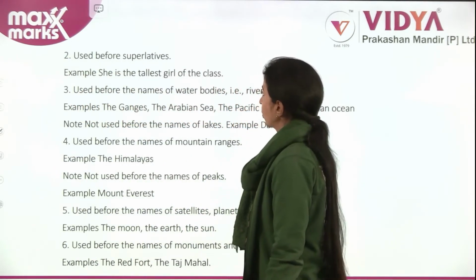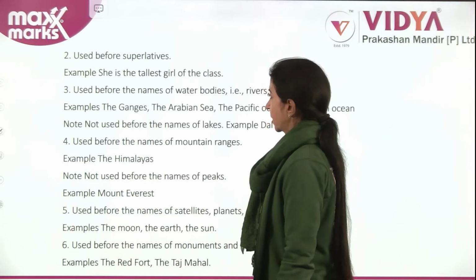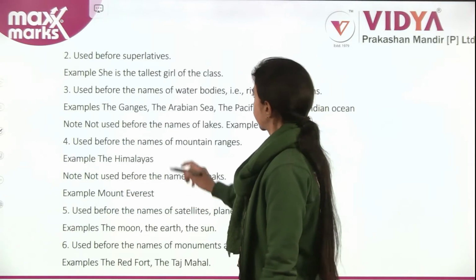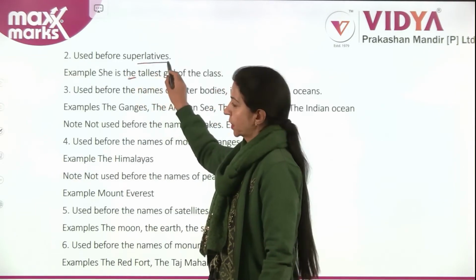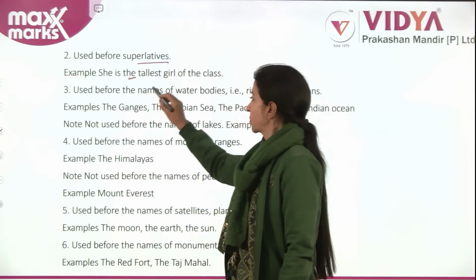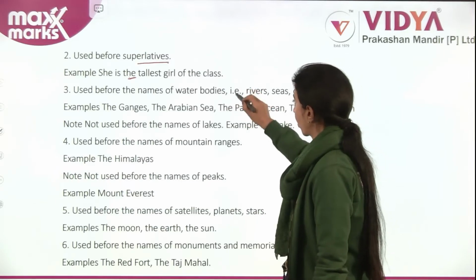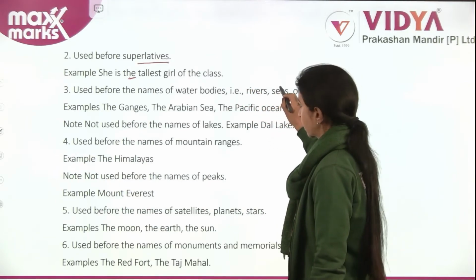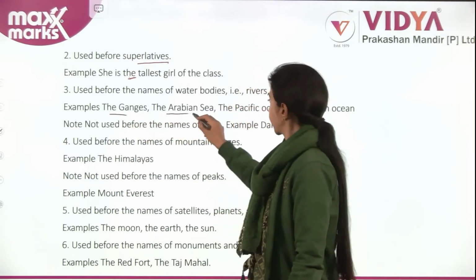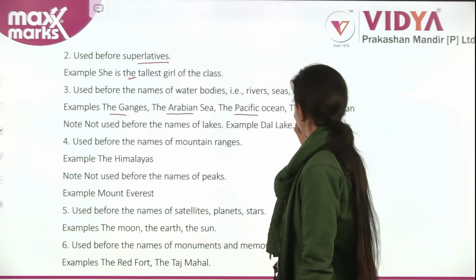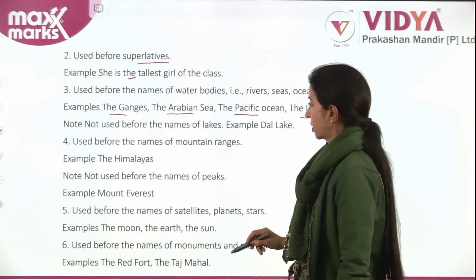Then used before superlatives. Example, she is the tallest girl of the class. Used before the names of water bodies, rivers, seas, oceans. Example, the Ganges, the Arabian Sea, the Pacific Ocean, the Indian Ocean.